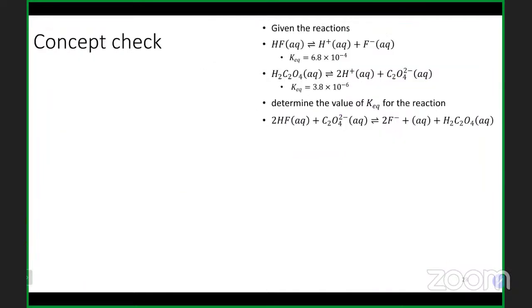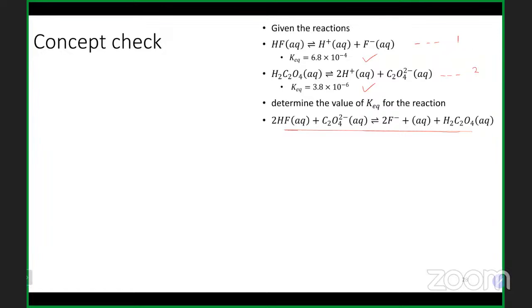For example, you are given this reaction, HF and CO, to determine the value of the equilibrium constant for this other expression. So now if you inspect the 3 reactions, you would notice that there's a relationship between the addition of these 2 reactions, let's call this 1, call this 2.